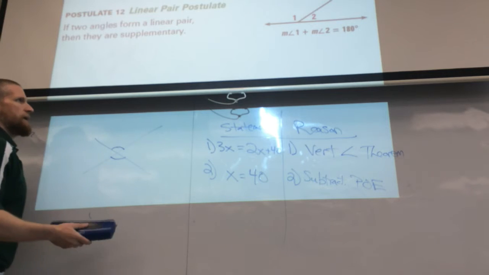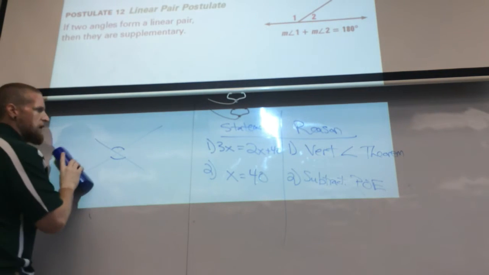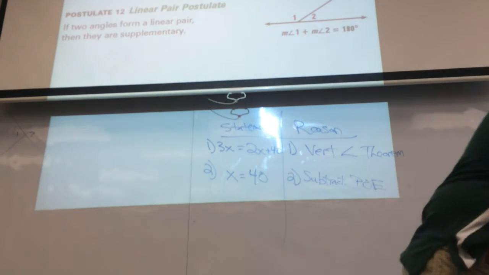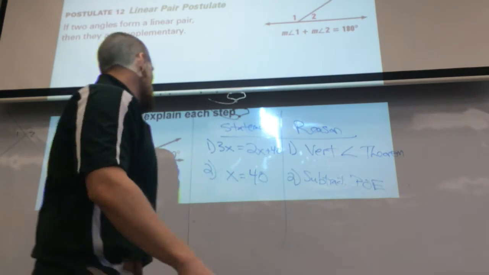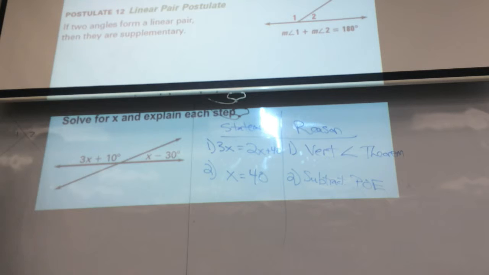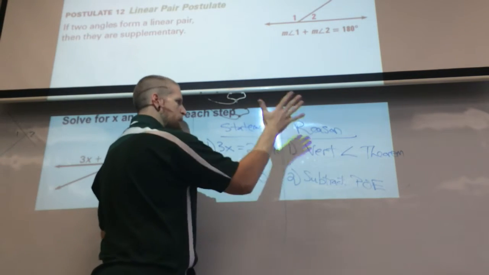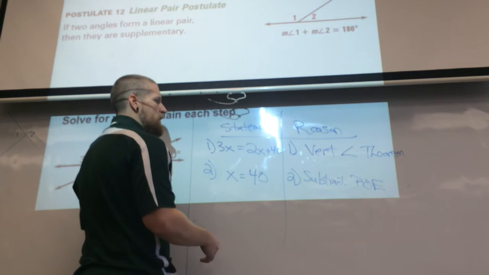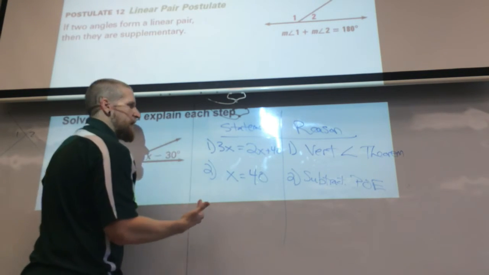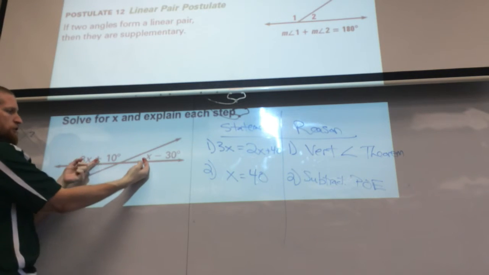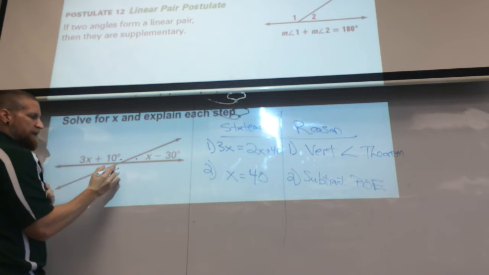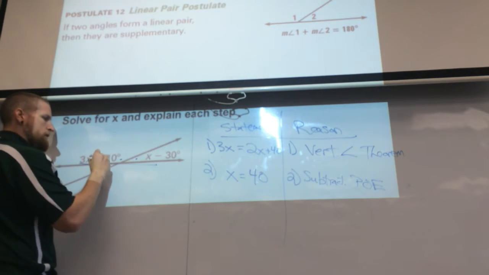So again, you're going to be solving problems where if it said solve for x, give an explanation for each step, then you would set your little table up, with your work on one side and reasoning on the other. So anywhere you saw a linear pair, like these two right here, that would be a linear pair because that's a straight line.